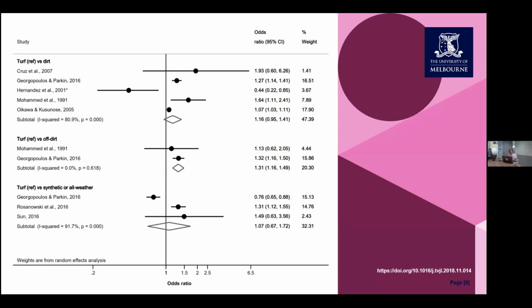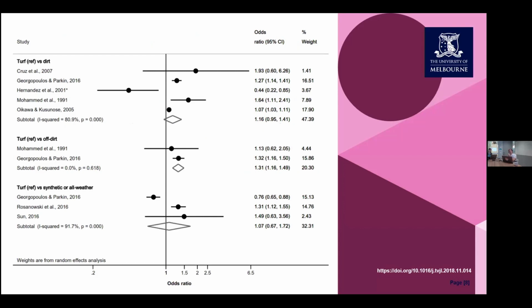I know this is a little bit of a complicated graph, so I'll walk us through it. If we look at just those studies that investigated track surfaces as a risk factor, we can see how conflicting they are. Those little black points are the mean odds ratio of risk.